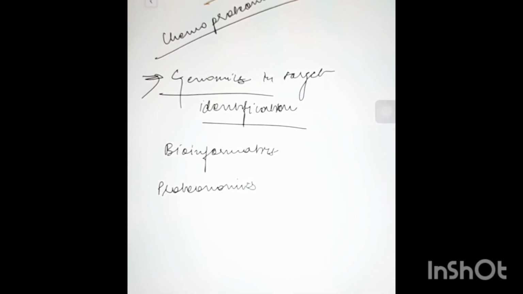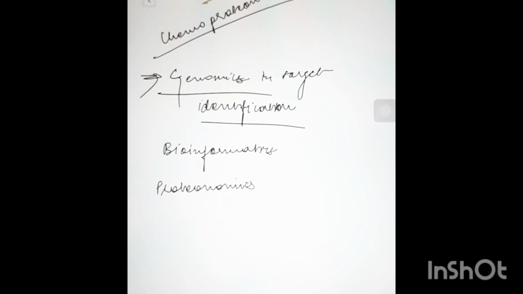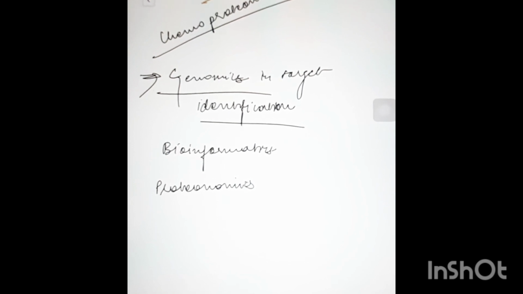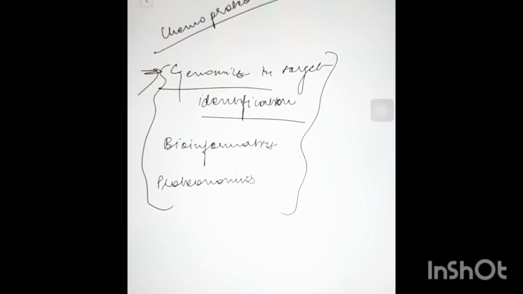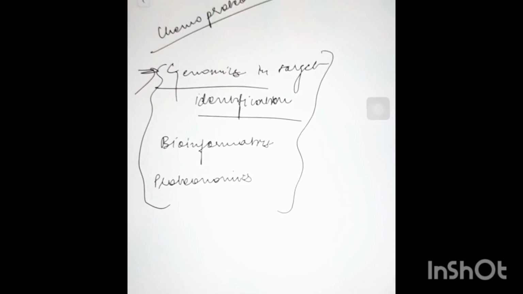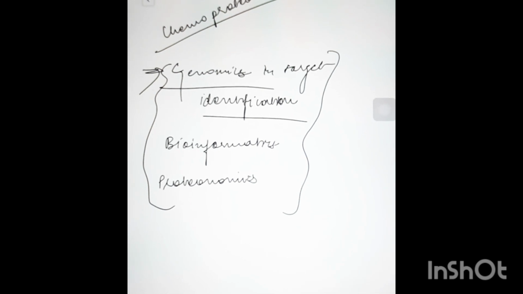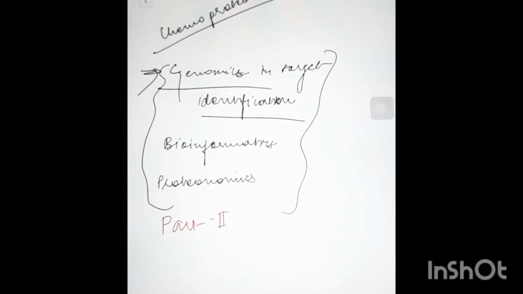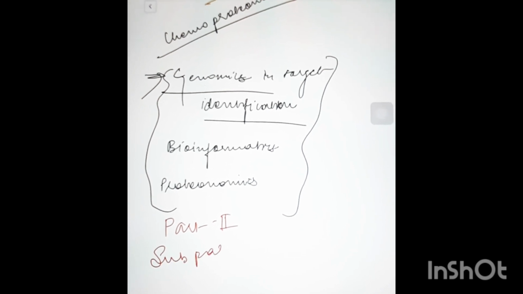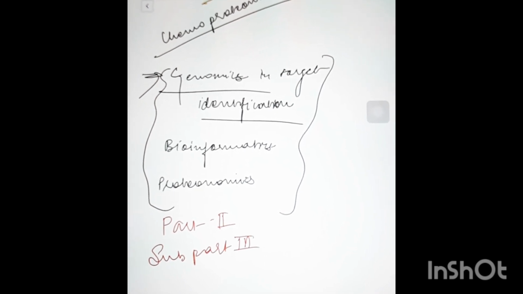It is a very interesting and good topic in itself, which we will study in the next sub part, because this video is already going to be very big if we included all these topics. So we'll study it in part 2, subpart 3 of the drug discovery and development lecture series.